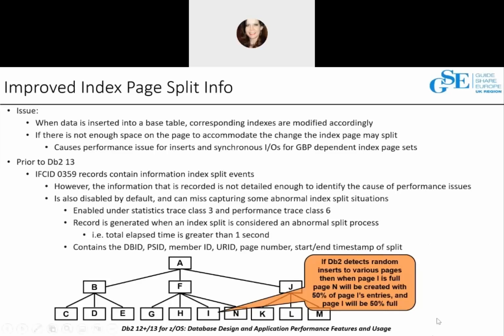That was a nice feature to give us details about the splitting, if we had statistics trace class 3 and performance trace class 3 on. But in some cases it did not capture what they consider an abnormal split, where the total time is greater than 1 second. So sometimes this was not captured.